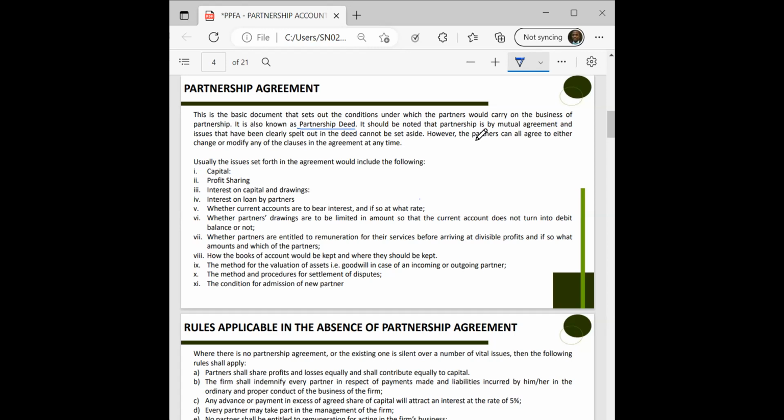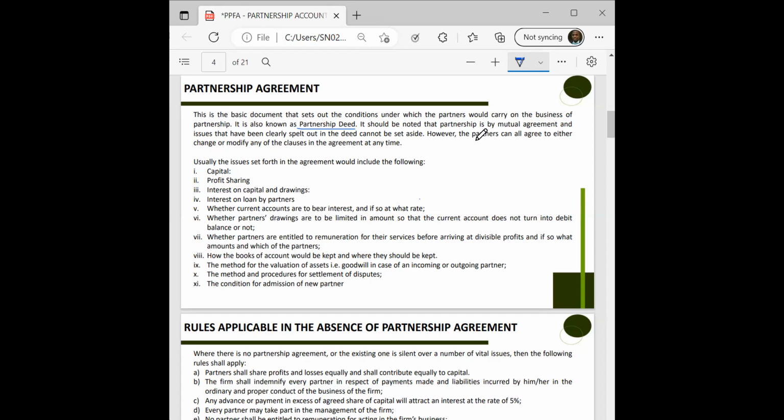The partnership agreement will also contain whether interest on capital or drawings will be allowed or will be charged. They might say, oh, that capital that I brought from the beginning, you are going to be paying me 8% interest on it, 10% interest on it. The agreement that they have with each partner.